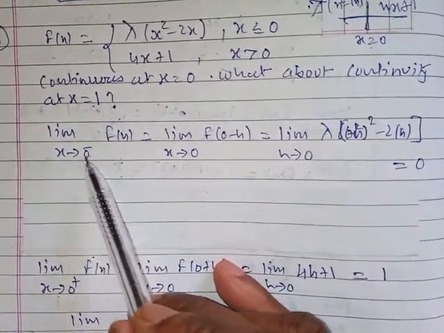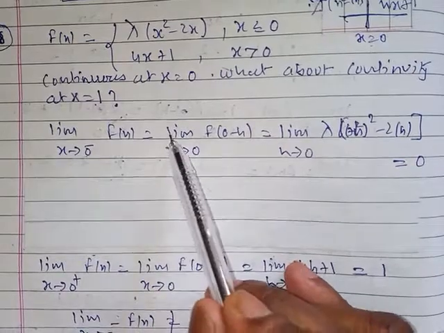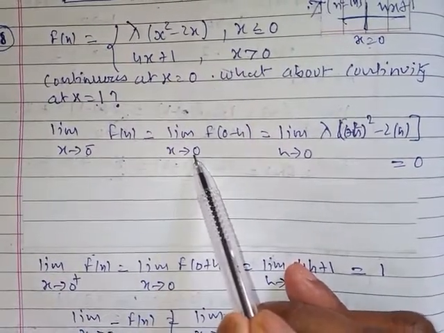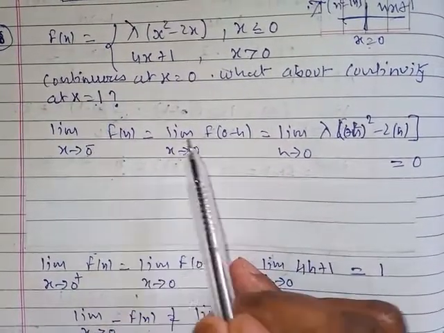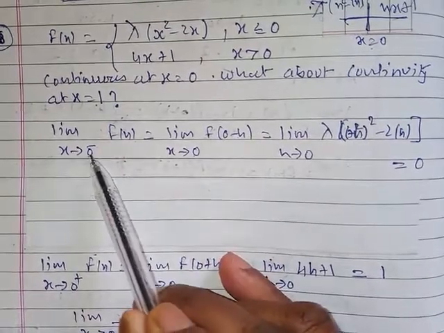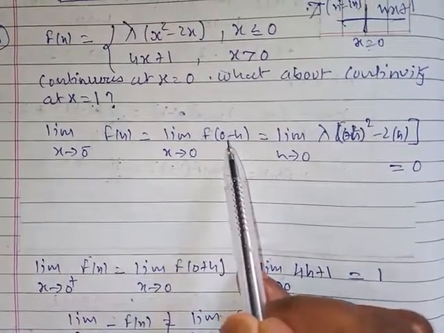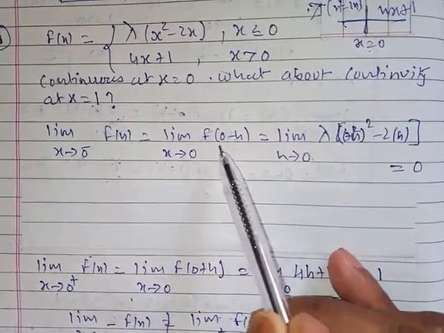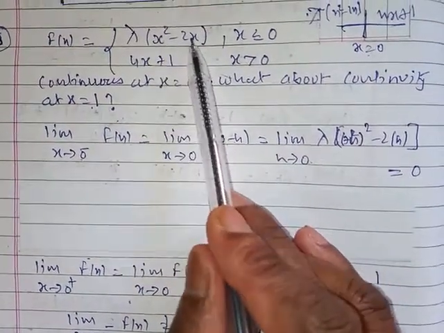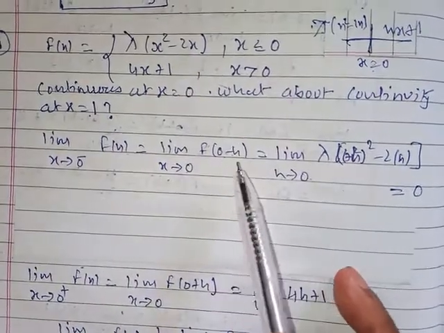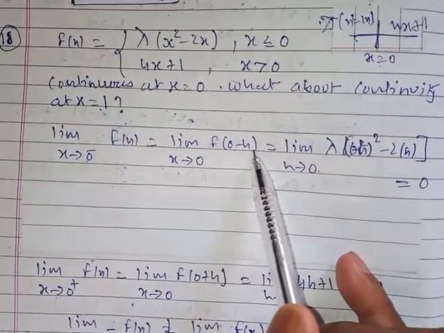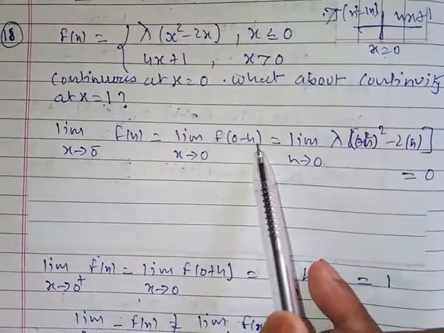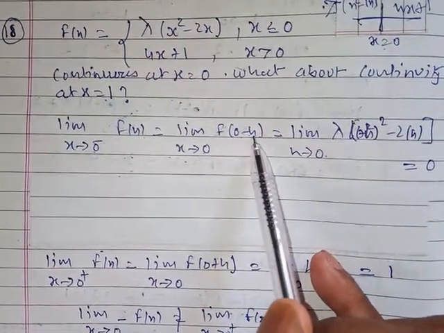Limit x tends to 0 minus f(x) is equal to limit h tends to 0 of f(0 minus h). What we have to substitute is 0 minus h, which means directly you can substitute minus h.